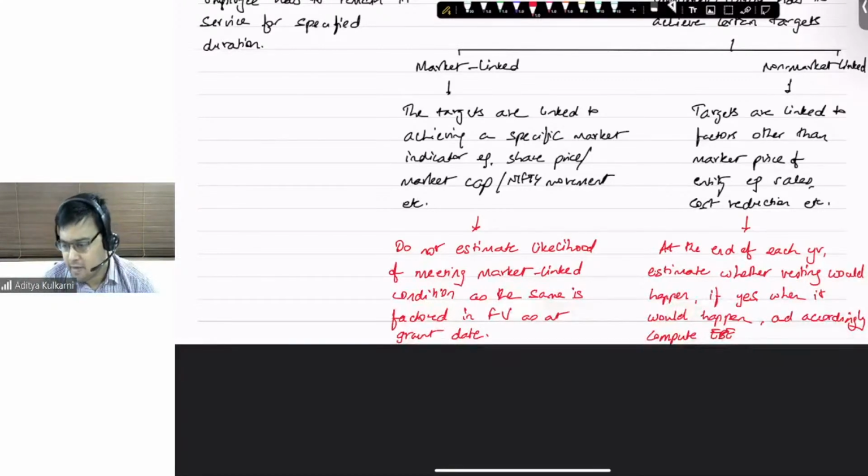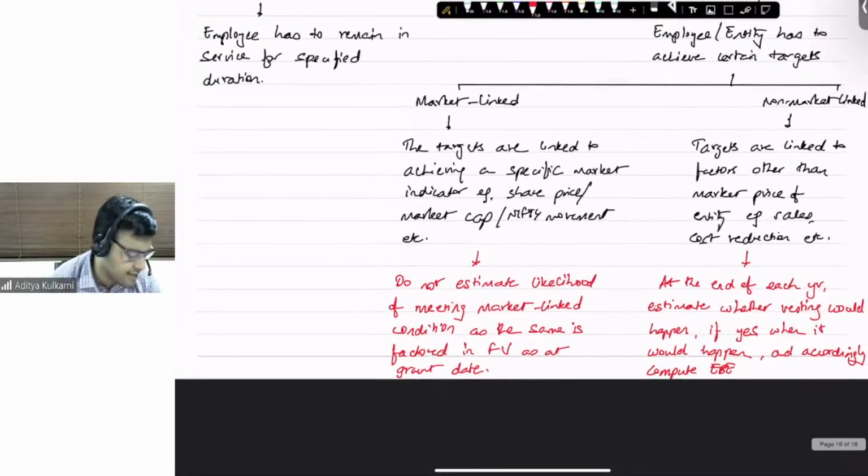Is it okay? Are you able to understand? Yes, we have done exactly this, we will do this. Okay, and it is perfectly making sense also.